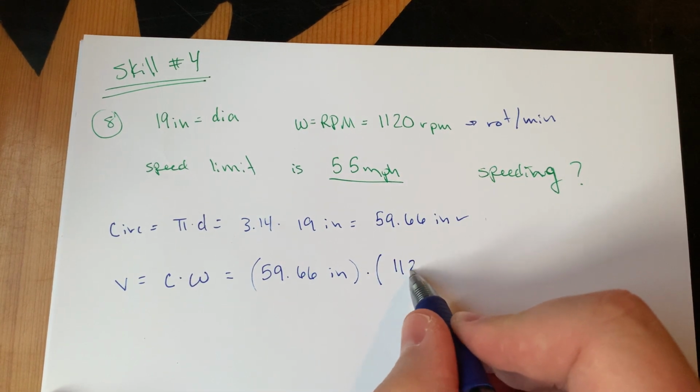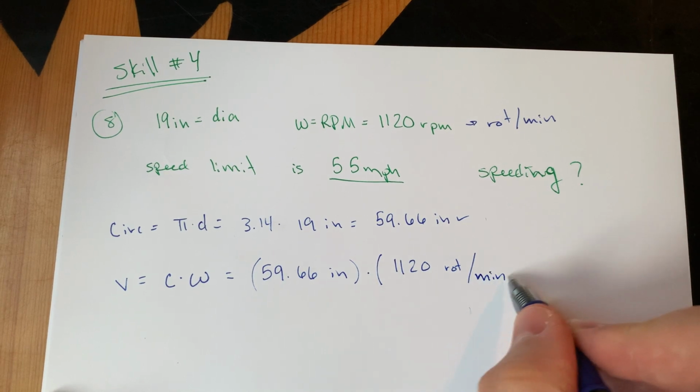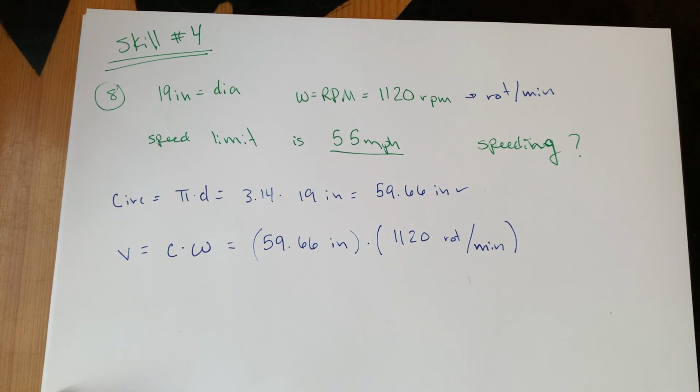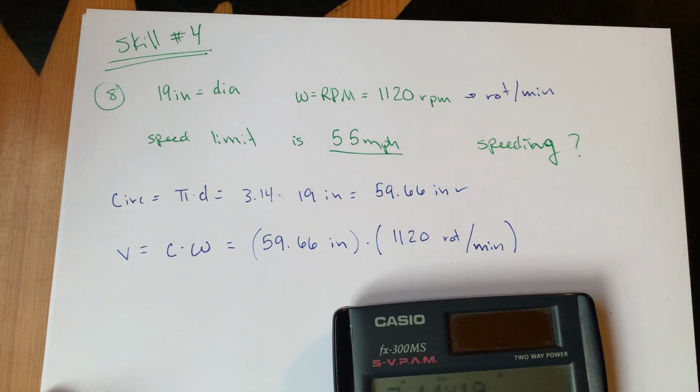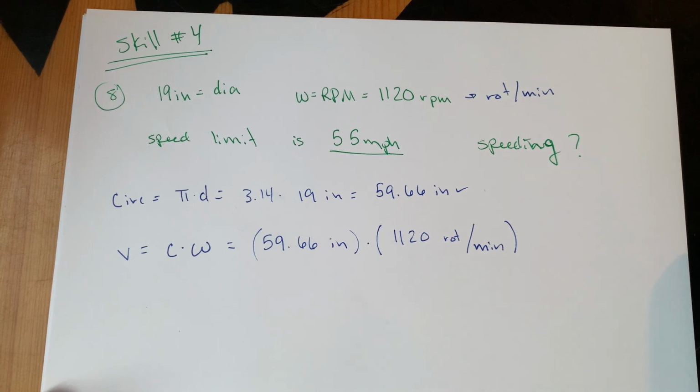So this is 1120 rotations per minute. If we multiply this, it's going to get me my speed. So 59.66 times 1120. So 66,819.2.